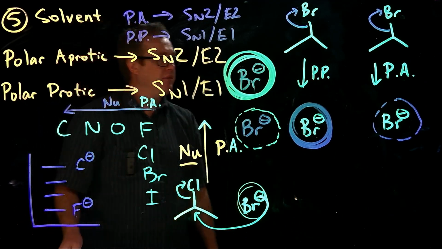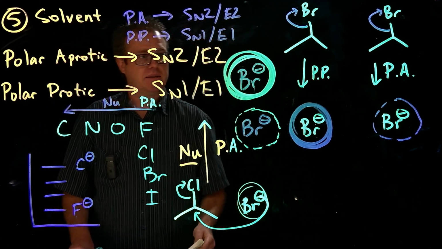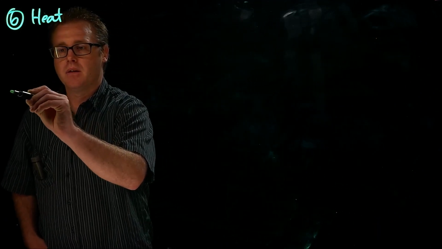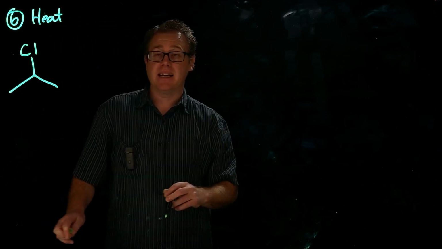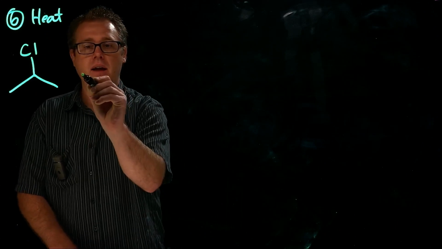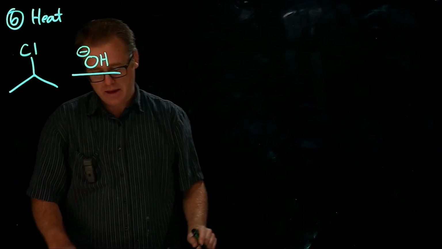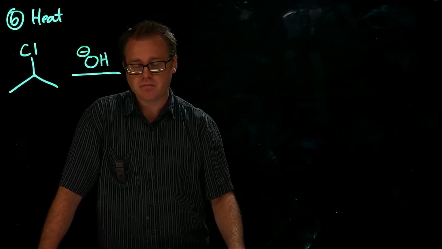Okay. Now, the next factor that we need to talk about is heat and what that does. Okay, so let's take a look at a reaction here. Now I see we have a secondary alkyl halide, and I want to treat that with sodium hydroxide, so a strong attacking species here.